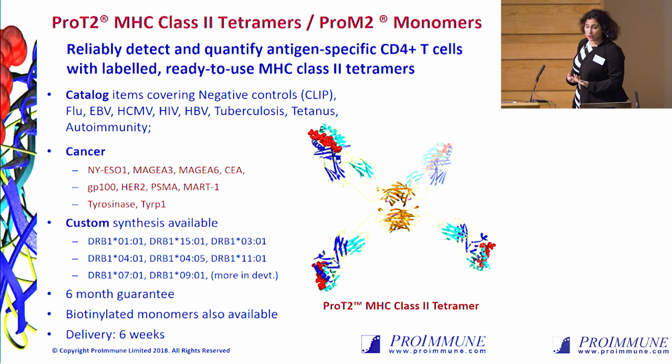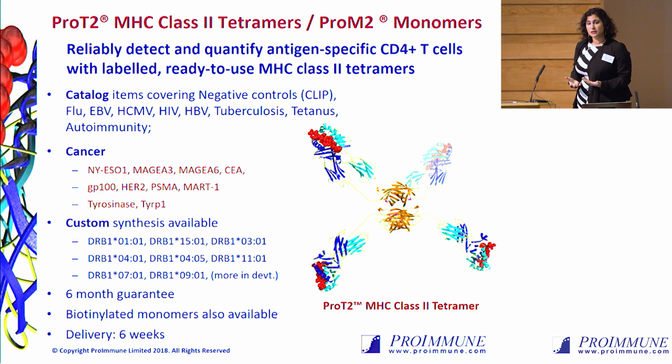And for that, we also provide, similarly, tetramers. It's what we call the ProT2 MHC class 2 tetramers, which are MHC class 2 molecules that bear the epitope of choice. In this case, we also have catalog items that cover a broad range of specificities, going from flu to EBV. But we also have a broad range of cancer epitopes available as catalog items.